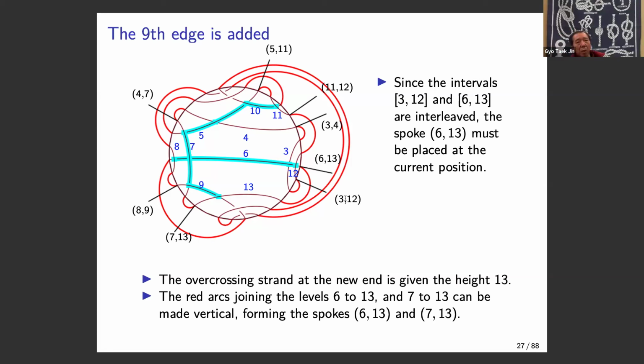Because 6 is here, you cannot put the spoke over here. So you must put it over here, because 13 can pass, being bigger than 3 and 12. So you need to decide where to put the spoke when the nested arcs are interleaved.